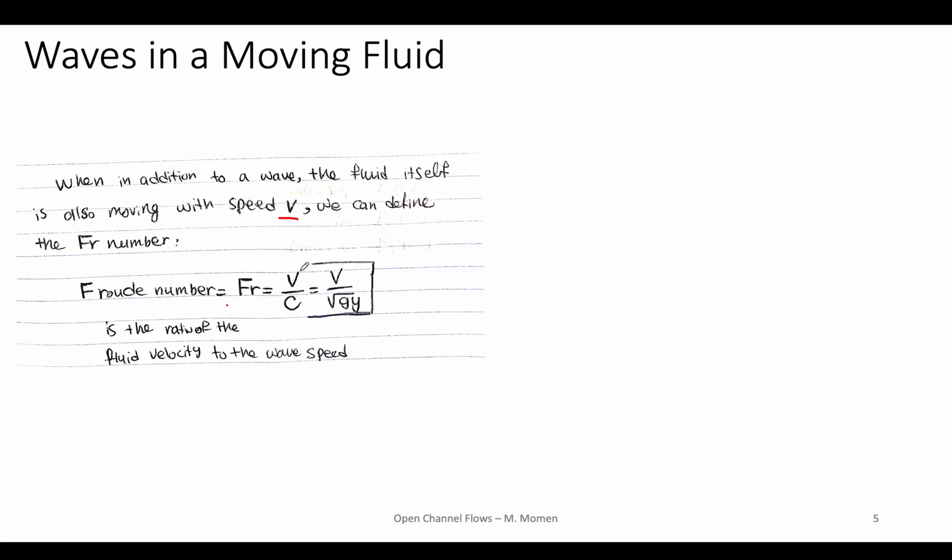But what if the fluid also moves? Then we have this definition for the Froude number, which is v over c, which equals v over the square root of gy. So c is the wave speed, which we found from the previous section, our previous slide, and is going to be the square root of gy.